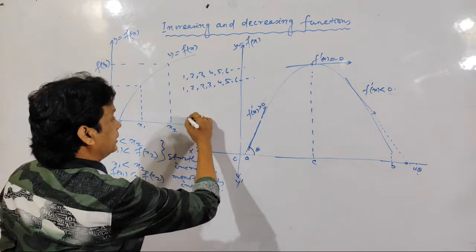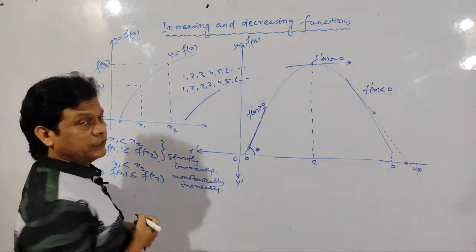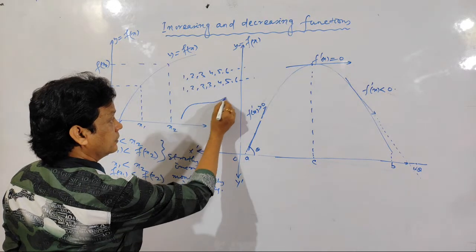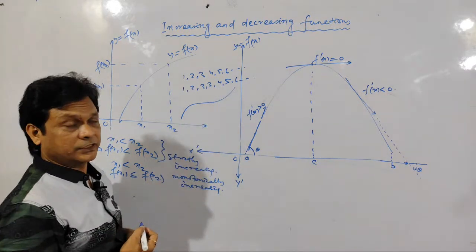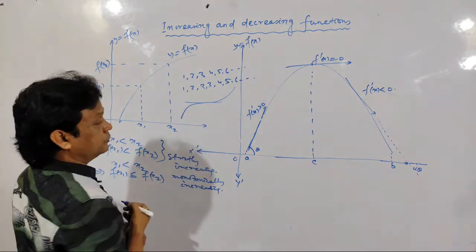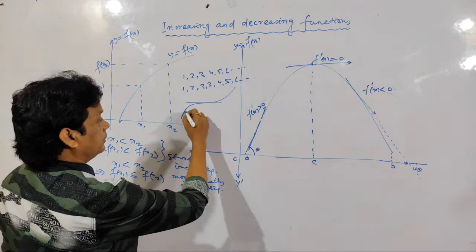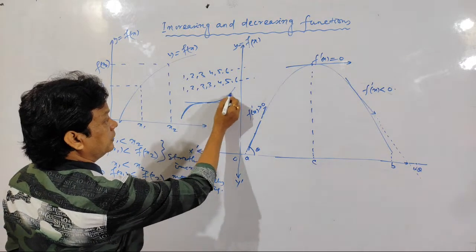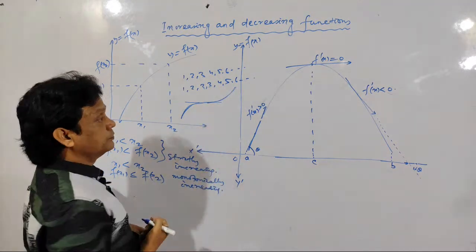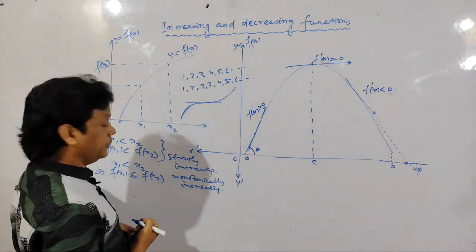That means if the graph goes like this, it is strictly increasing. And if the graph moves like this, that is monotonically increasing. Because at this point, these are two points having the same value of y. Clear? Parallel, then further it increases. This type of function is said to be monotonically increasing.